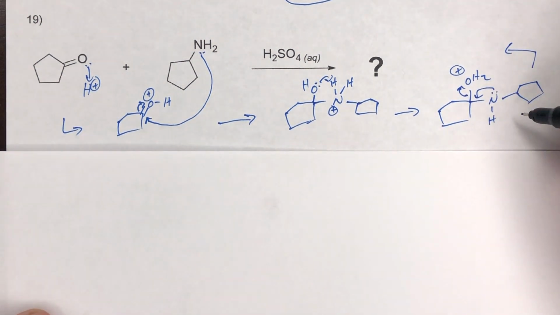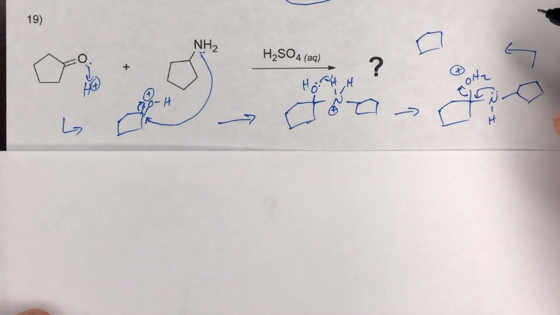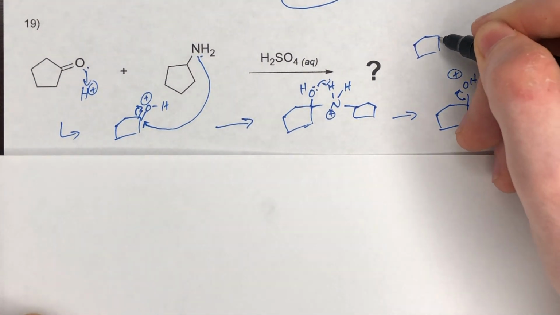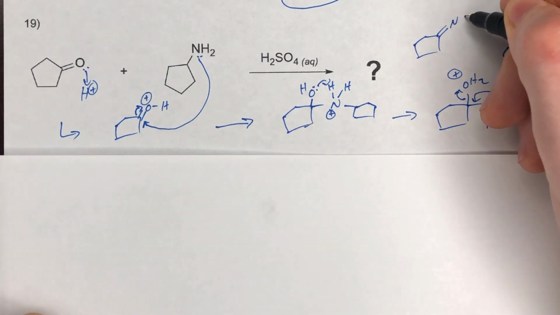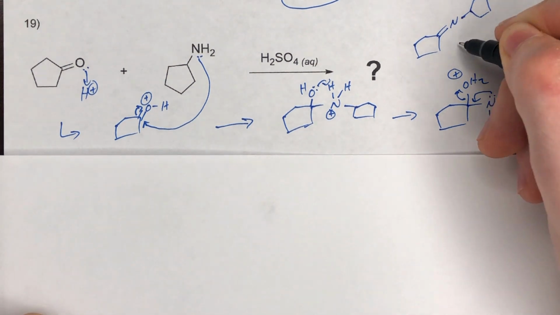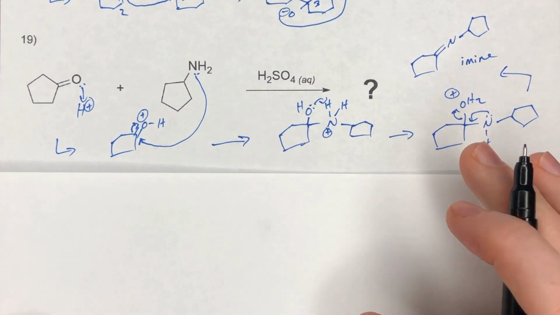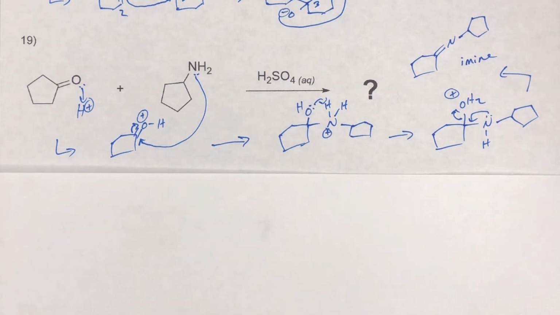And then there's going to be a proton transfer at the end, but the final product, I'm just going to draw because I'm out of room here, is this structure here. And this is called an imine, where you have this nitrogen carbon double bond. This is always the product of a ketone or aldehyde with a primary amine.